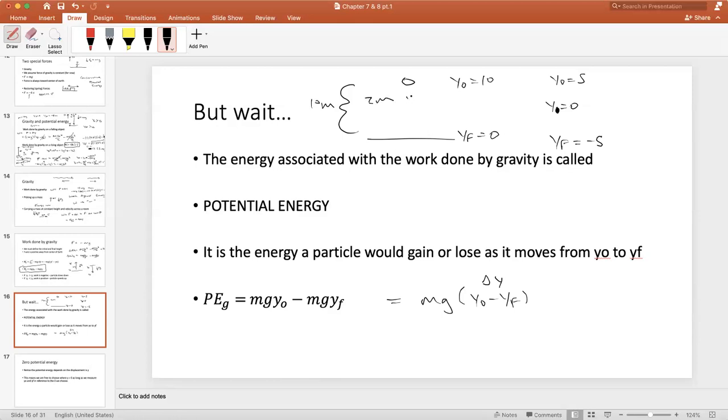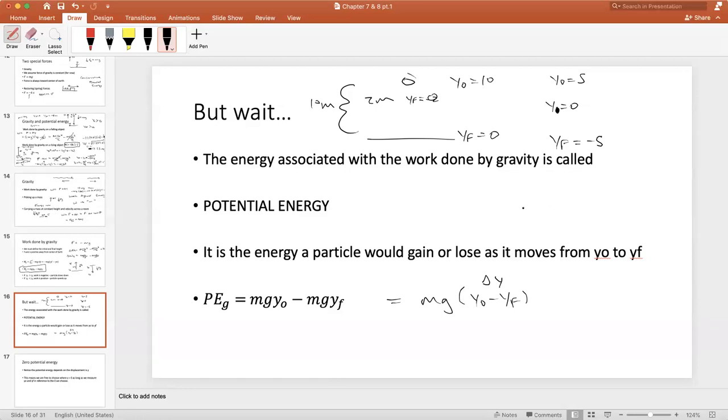Then you would choose y final to be -2 and y initial to be 0, or y initial to be 2 and y final to be 0. Even though this is 10 meters, I can always set my position wherever I want. What matters is delta y. And sometimes you're going to need to figure out what delta y is.